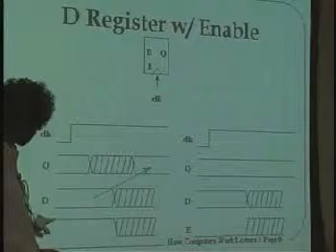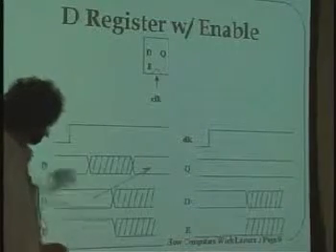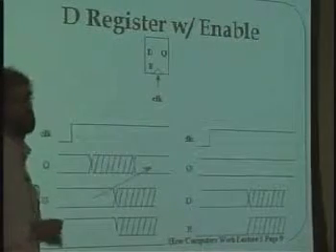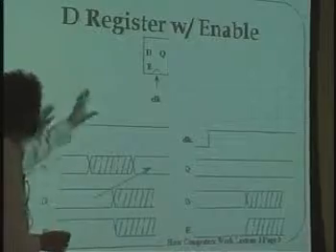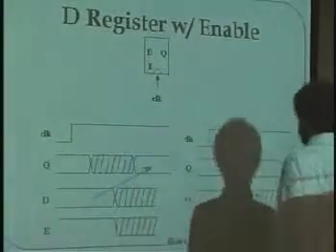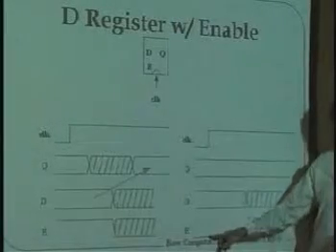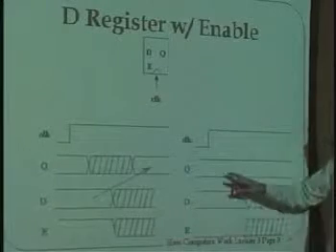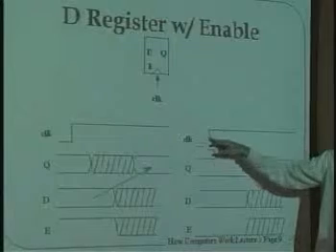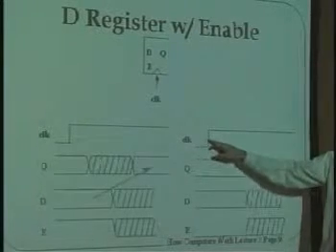Furthermore, we needed to ensure that the camera was turned on, that the enable was high during the time that the clock went from 0 to 1, when the shutter was pressed. Okay, and so that's the model of how the register works. Now notice over here, if the enable is low, in other words, we didn't turn the camera on, and it had an image in it, a Q that was either low or high before the clock went from low to high, then it doesn't matter that we made the clock go from low to high.